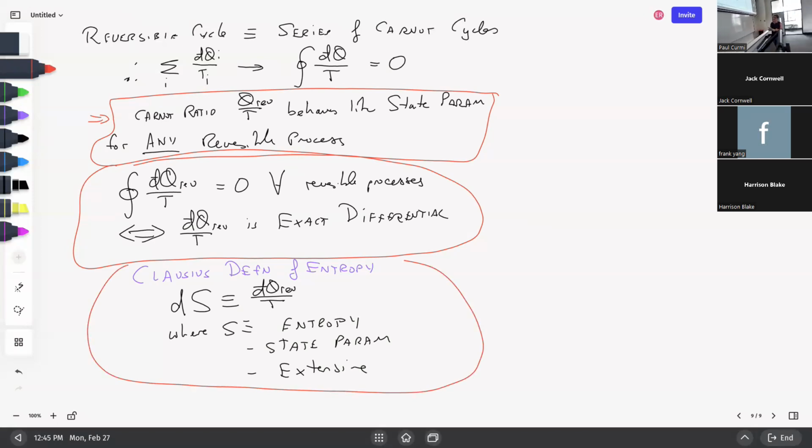Okay. So this has had monumental theoretical implications. It means that they've discovered a new state parameter. It's not an obvious state parameter. It's got something to do with heat, as you can see, but only heat when it's reversible. So it makes it a little bit complicated to get your head around, but it exists. You can kick it. It's real.